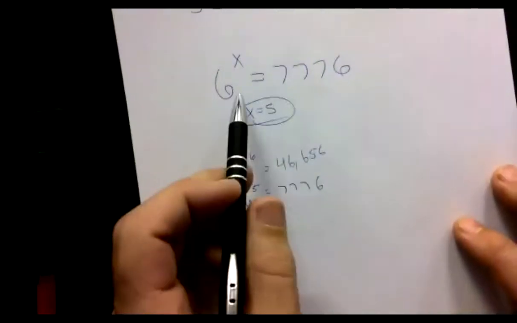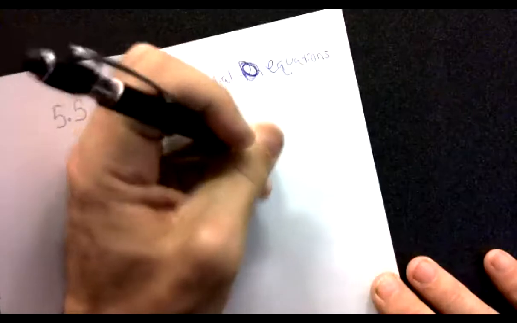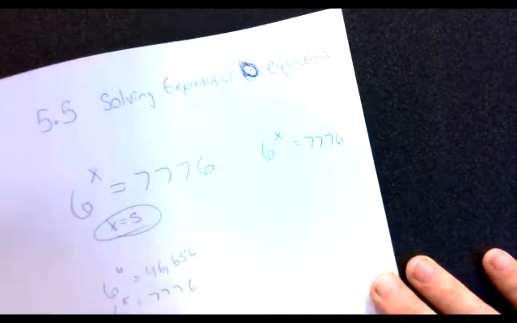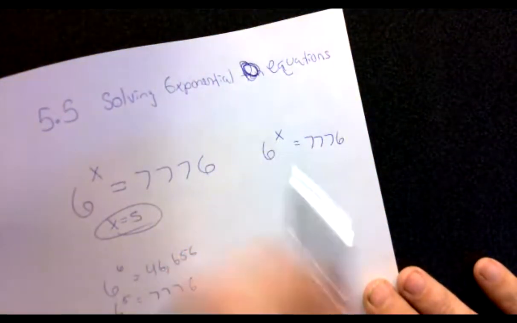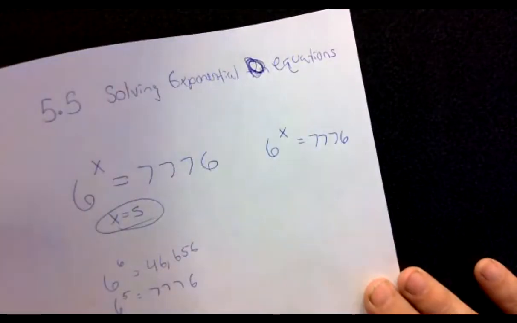So we're going to solve this same problem using a different method. So that's 6 to the x equals 7,776. And again, we don't know what power this is going to be. So we're going to use our properties.